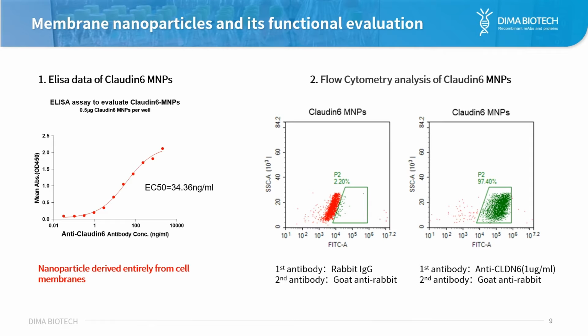The diameter of MNP particles is about 100 to 300 micrometer, so it can be used in flow cytometry analysis. MNP is a good approach for multipass transmembrane protein preparations. However, they are not pure protein. There are some cell proteins, especially scaffold proteins, which can produce some background antibodies when you use MNP for immunizations.